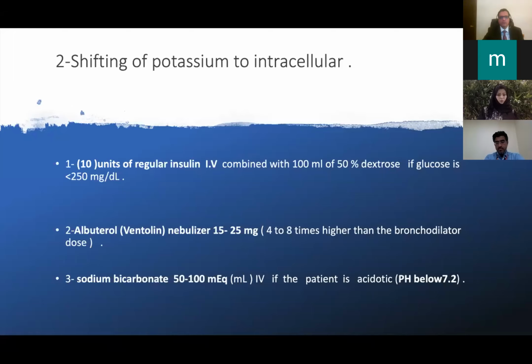Why? Because sodium bicarb will work on the hydrogen potassium pump. It will shift the hydrogen outside the cell and get the potassium back inside if you correct the acidosis. So again, sodium bicarb will not affect your potassium, with no benefit to giving sodium bicarb to a patient with normal potassium and normal pH.